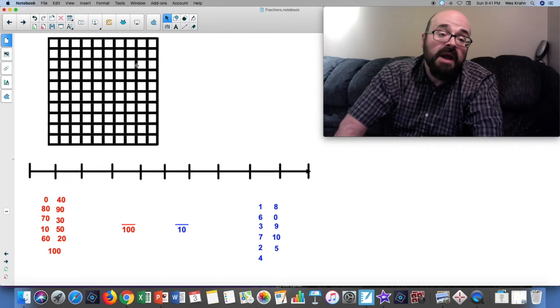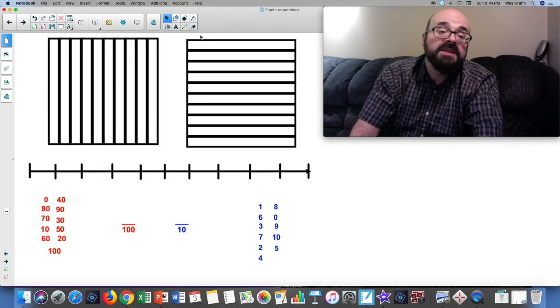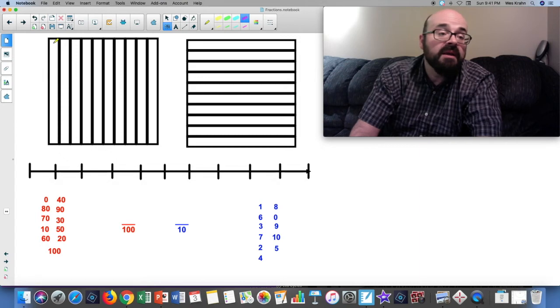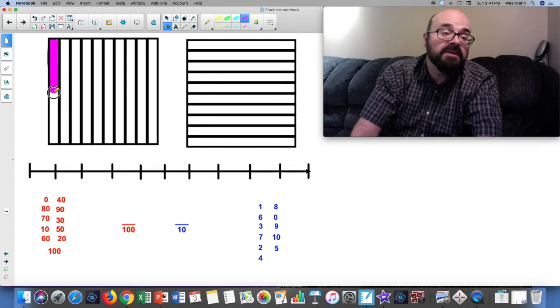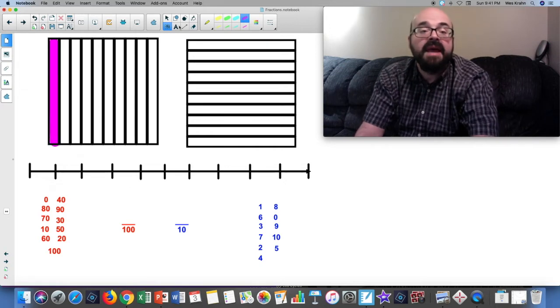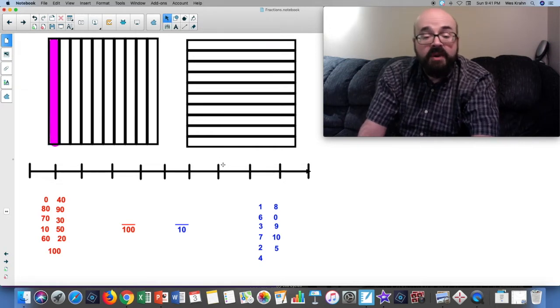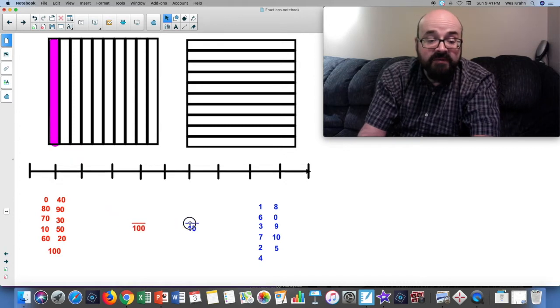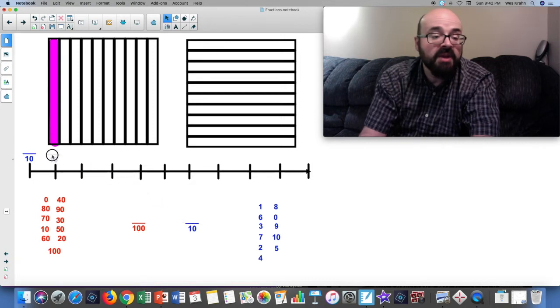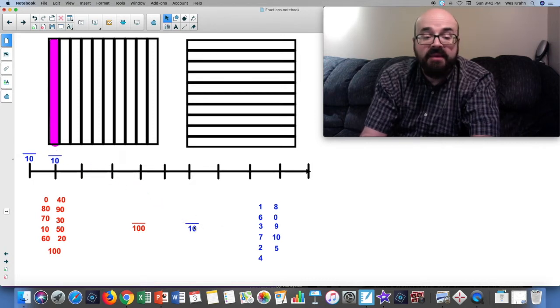Now, what I can do to start off is take a highlighter and show you this is what a tenth looks like. That is 1/10. And the way that I would represent that tenth is I would take one of these, and I know that each of these sections down here on the number line are going to be tenths, and they will represent what we're shading in along the top there, or in the, we called it a waffle last time.